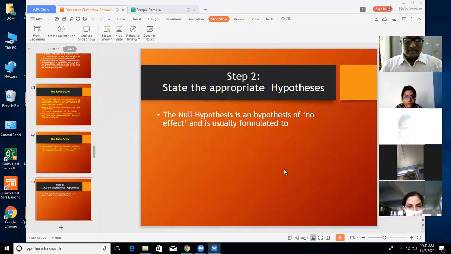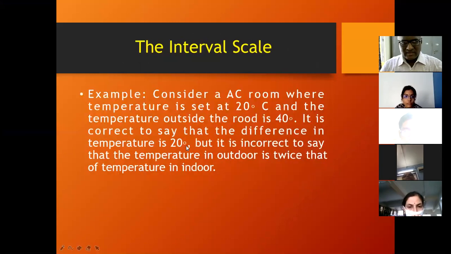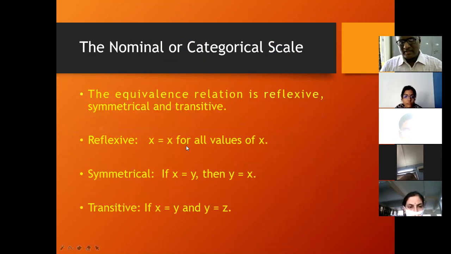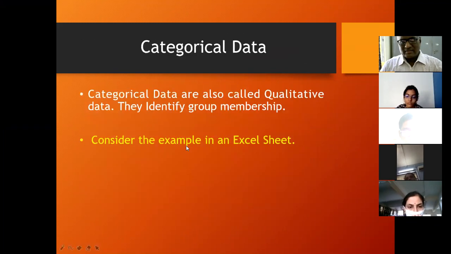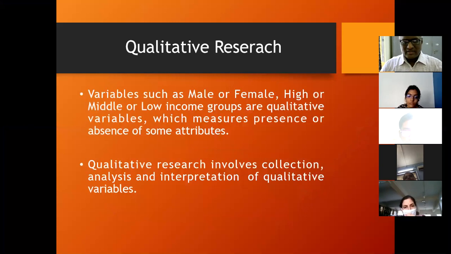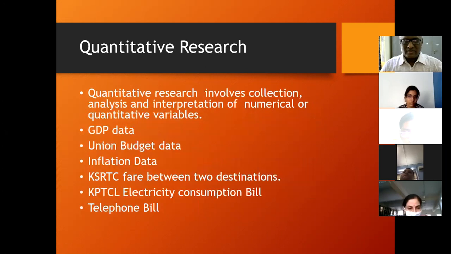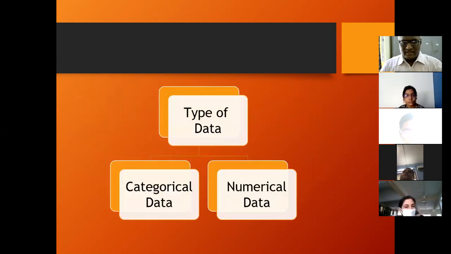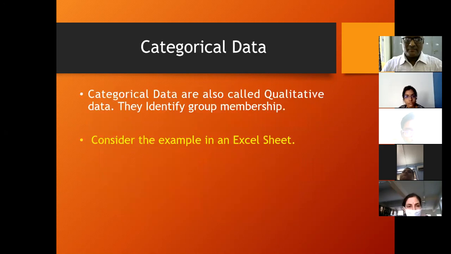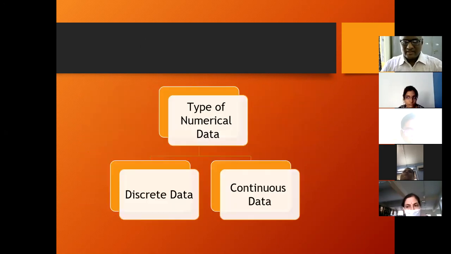Now I would summarize what we have seen from the beginning. We began with the types of research, qualitative and quantitative research. Qualitative research uses qualitative variables, and quantitative research uses quantitative variables and numerical data. We have defined what numerical and categorical data are.